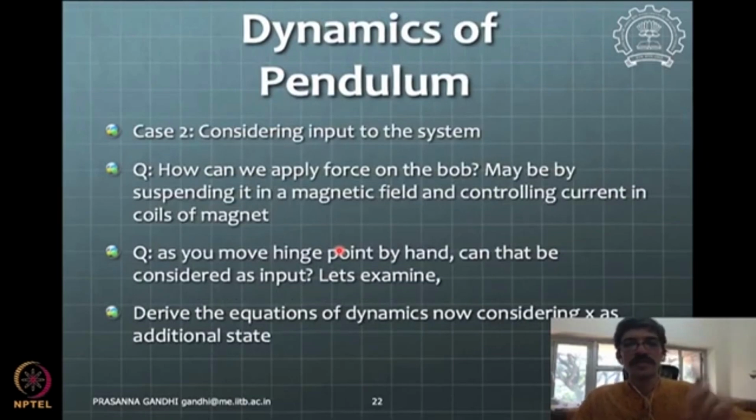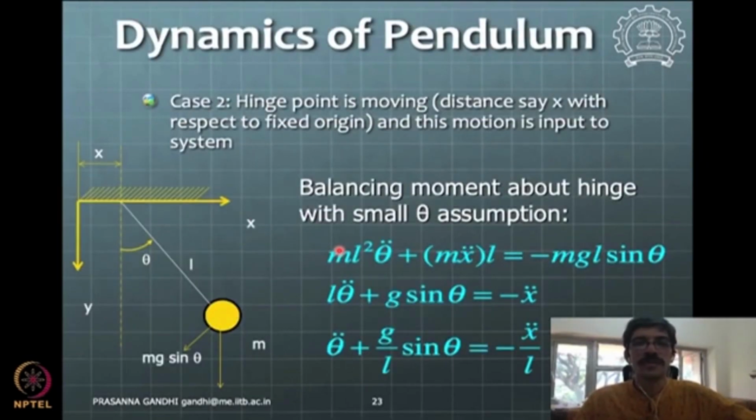So we can consider these kinds of inputs to the system, the hinge point motion, by putting this hinge point on the cart. Then you can say I apply force to the cart, or I can say I am directly applying this displacement to the hinge of the pendulum. So these are different ways I can define my control input.